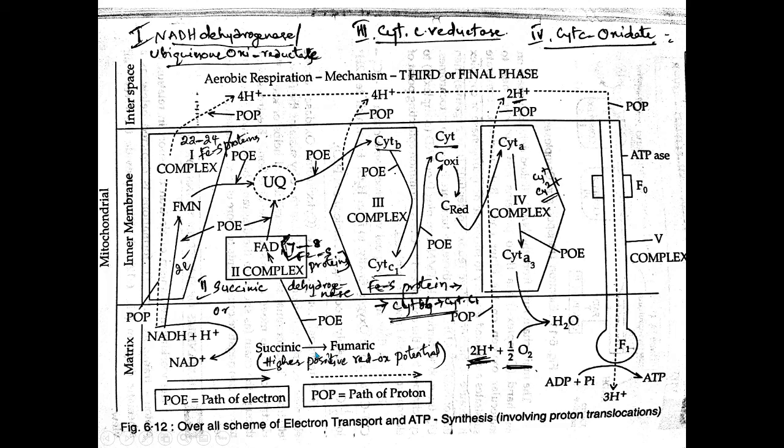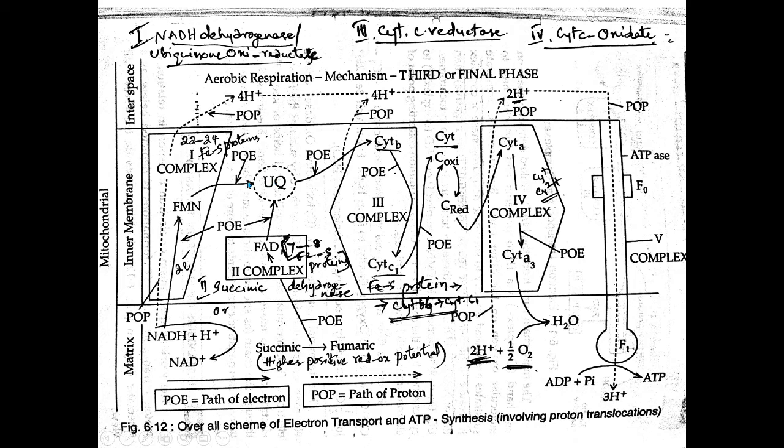In the same way, two electrons enter into complex 2, and FAD acts as a coenzyme, accepts the electrons, and from here the electrons move to ubiquinone. Here 7 to 8 iron sulfur proteins are there in 3 clusters, and these help to transfer the electrons to ubiquinone.